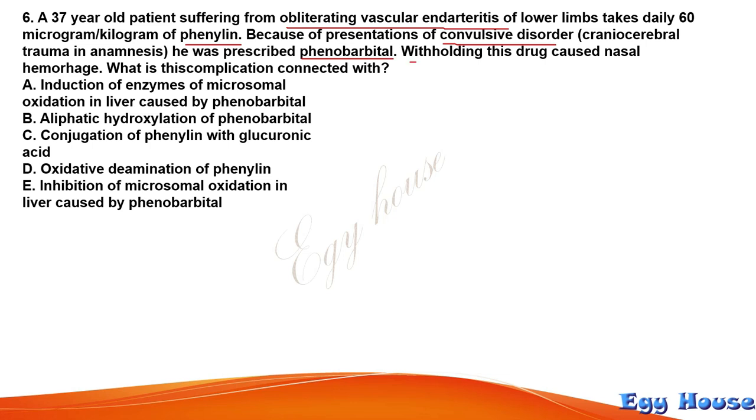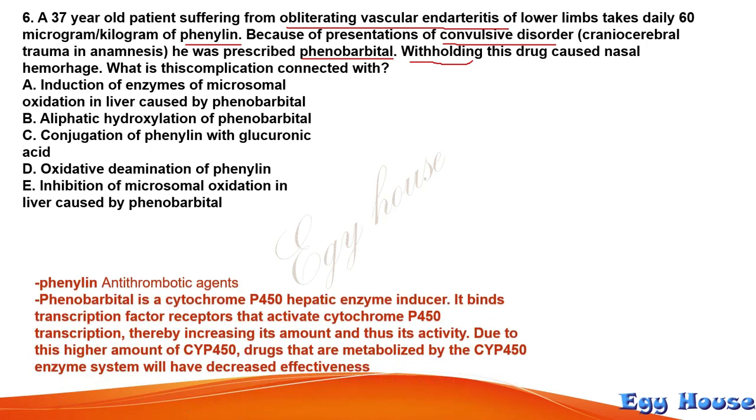So withholding this drug, meaning withholding this phenylin, caused nasal hemorrhage. They're telling us that he actually kept taking phenylin, but it was not working, and this is connected with induction of enzymes of microsomal oxidation of the liver caused by phenobarbital.